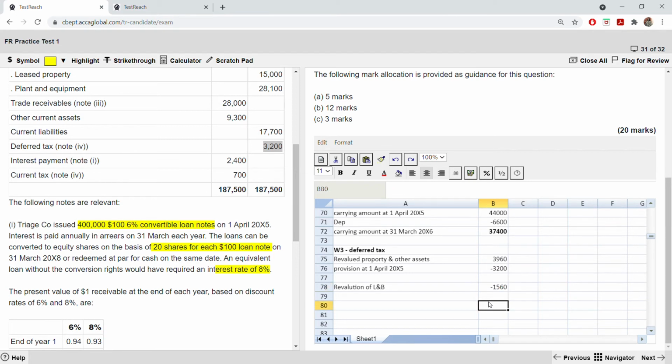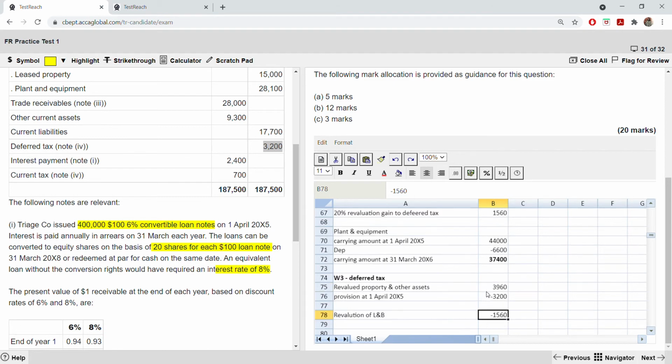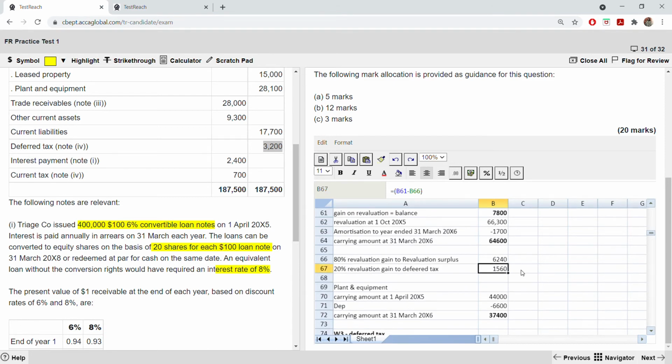Minus. This is why I always tell you to copy paste the value, not the formula. The reason is, if you put the formula and you want to put a minus sign somewhere, it will change in the original formula where you have applied it, so everywhere it will change. So rather than doing that, just copy paste the value. Whatever you do with this value, this will be in minus, but the original 1560 will remain as 1560.